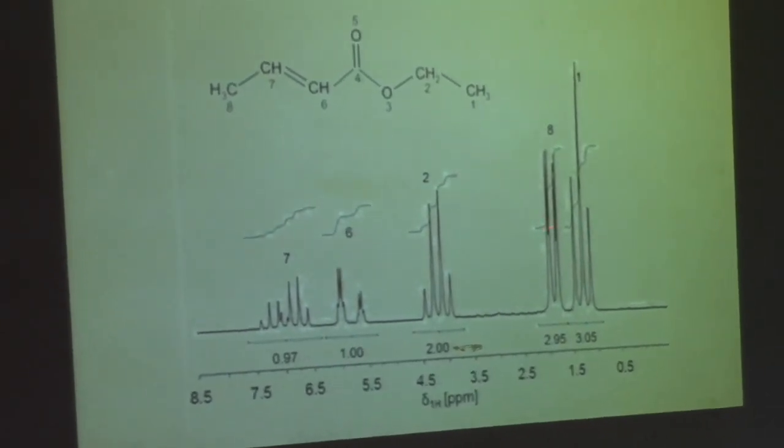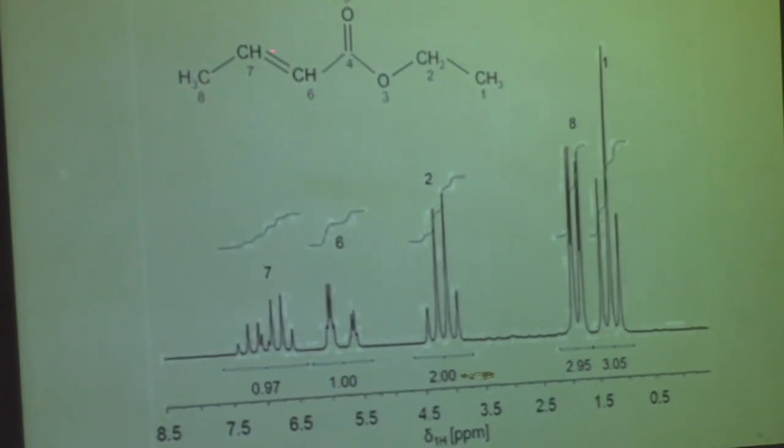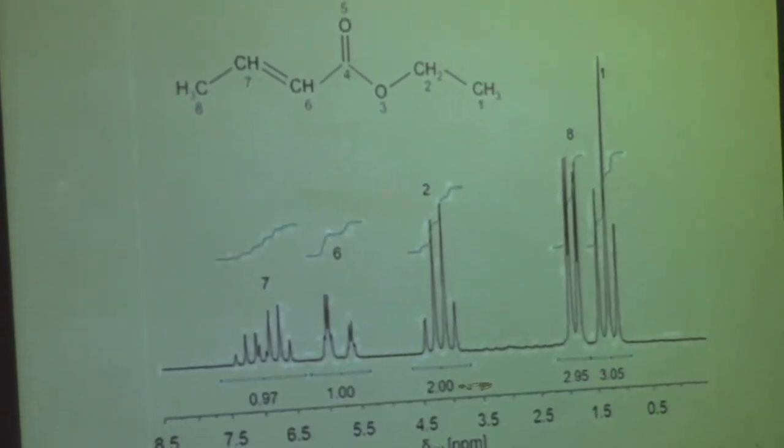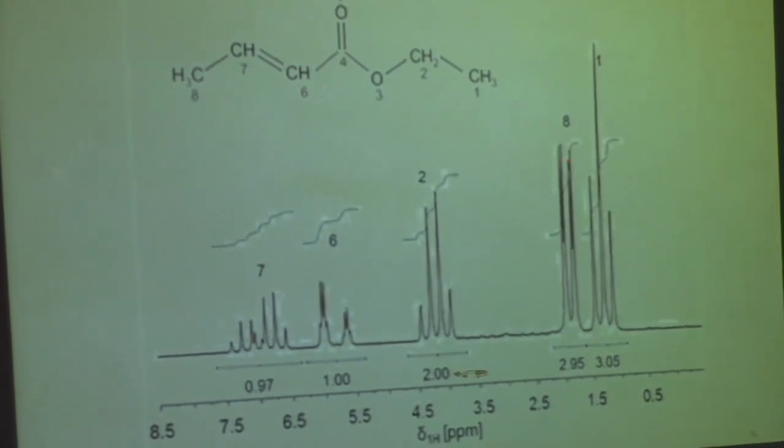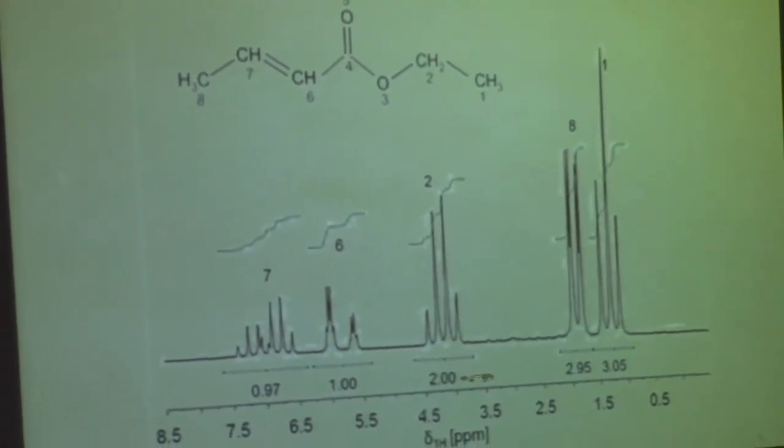triplet, must be the CH group 1, which in fact it is, because I've given you the solution already of the analysis. Well, that one first of all is a doublet, which is then further split by the presence of that CH, so it's a doublet of doublets, and that's why we see that very narrow splitting from the 3-bond J coupling to the proton number 6, to the CH group number 6. So that explains these two.